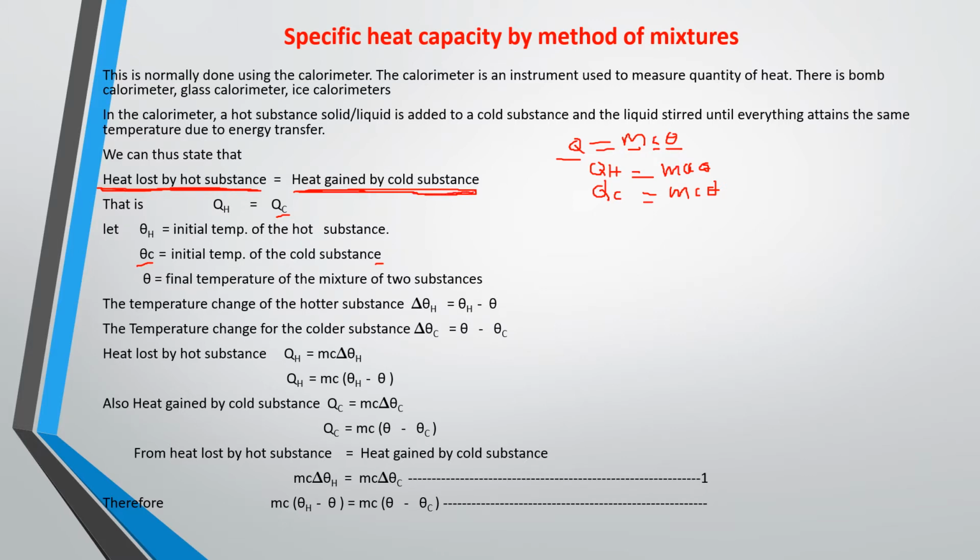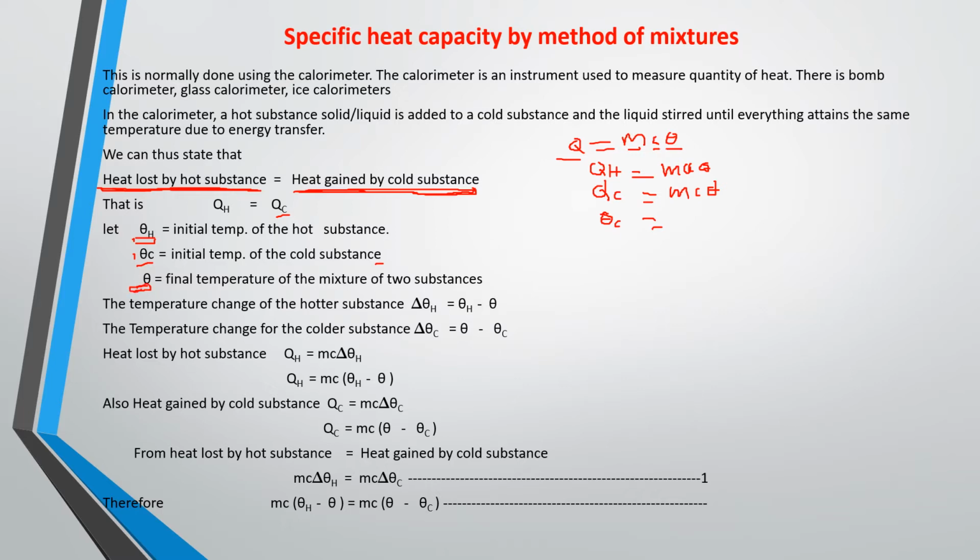We are going to treat that of the calorimeter later. But in this case, the initial temperature of the cold substance is given to you as theta C. This is the initial temperature of the cold substance, and this is the initial temperature of the hot substance. Note that after mixing the cold substance and the hot substance together, they will now have what? The same final temperature.